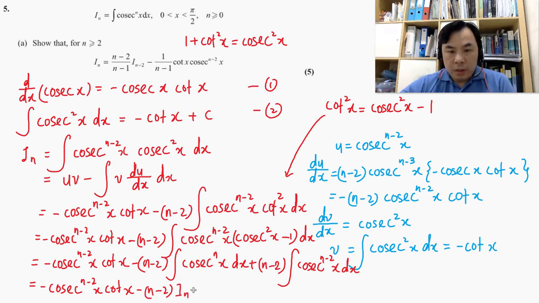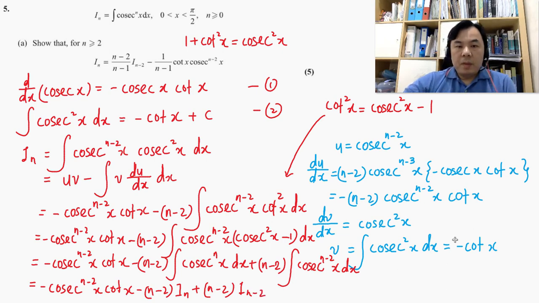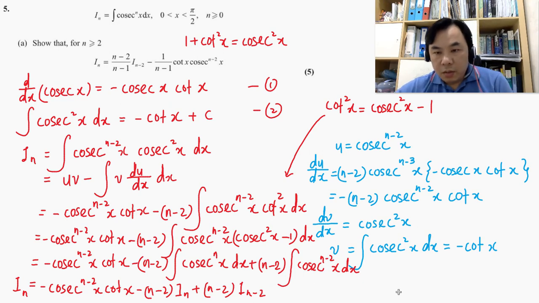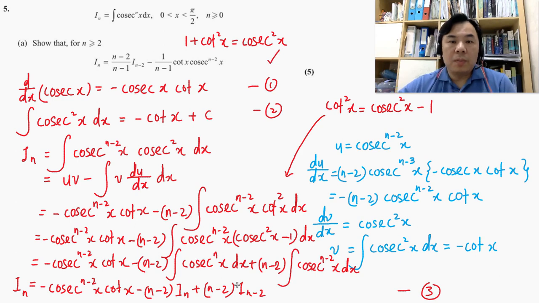And then this part here, I can rewrite in a shorter form, which is I_(n-2). Okay, and then there you have it, my current reduction formula at this point in time. Next I'm going to further simplify this result number 3 here, so that I can reach this final conclusion.